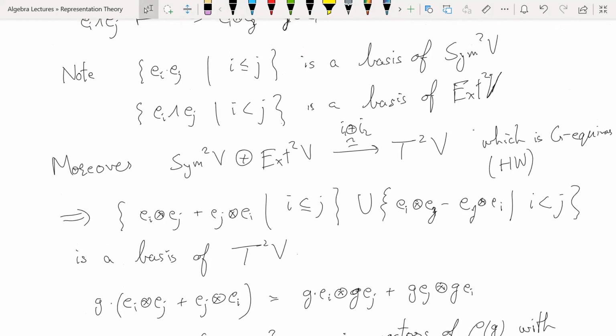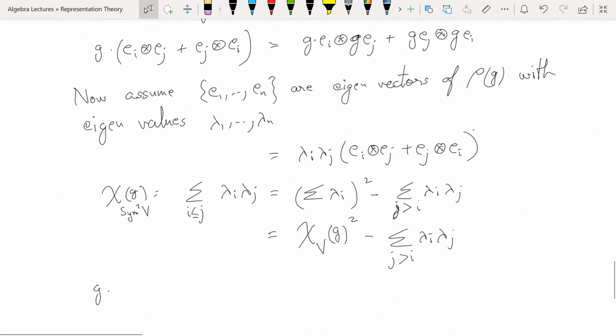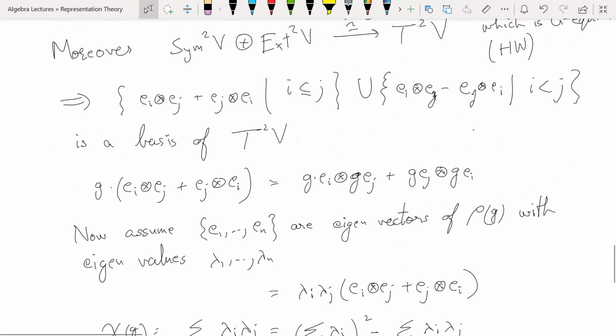Because this is an equivariant map, I can identify it with the subspace generated by EI tensor EJ plus EJ tensor EI, where I is less than or equal to J. And Λ^2 V I'm identifying with this subspace. They are linearly disjoint, so the intersection is just zero, because this direct sum is there. So now I'm trying to calculate on these pieces. They are sub-representations, and I'm just trying to calculate the character of these sub-representations.